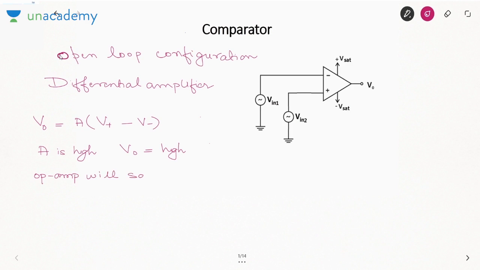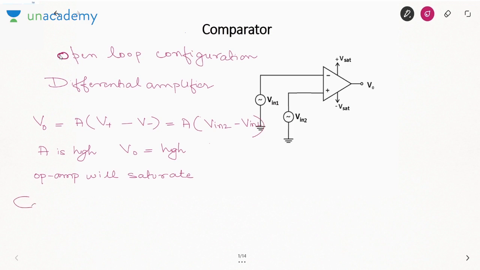Why Opamp will saturate? Because we know one thing, that output voltage can never exceed the supply voltage, and the supply voltage in this case has been written as plus Vsat and minus Vsat. So now what I will say is this value will become equal to A times V in 2 minus V in 1.